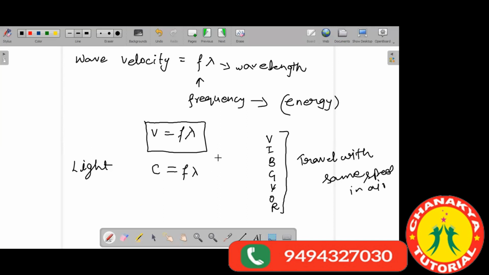So here frequency times wavelength is a constant, and frequency is dependent only on the source, but not on the observer. For light or for any object, the frequency is dependent only on the source.